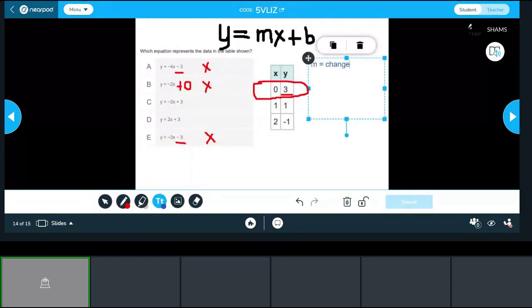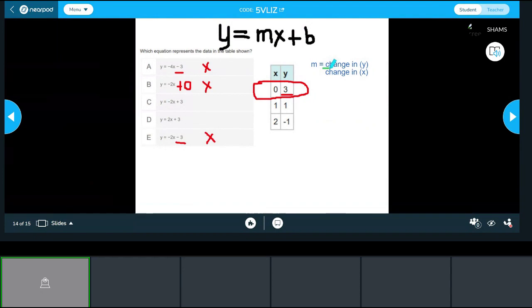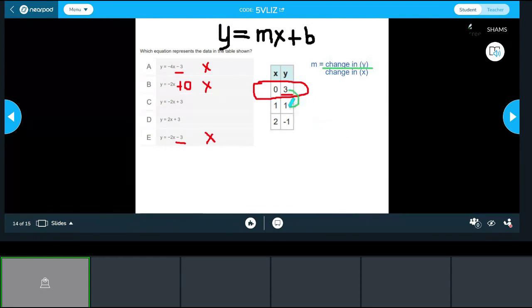M is change in y over change in x. Let's put a fraction bar. So change in y from 3 to 2. Oh, decrease. Minus 2. Change in y is negative 2.